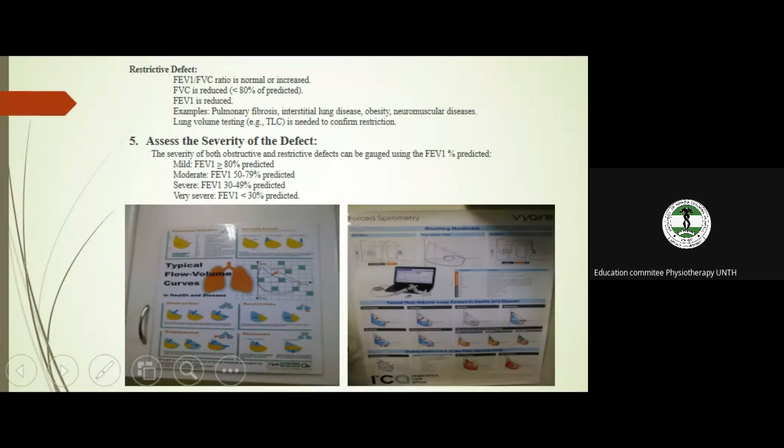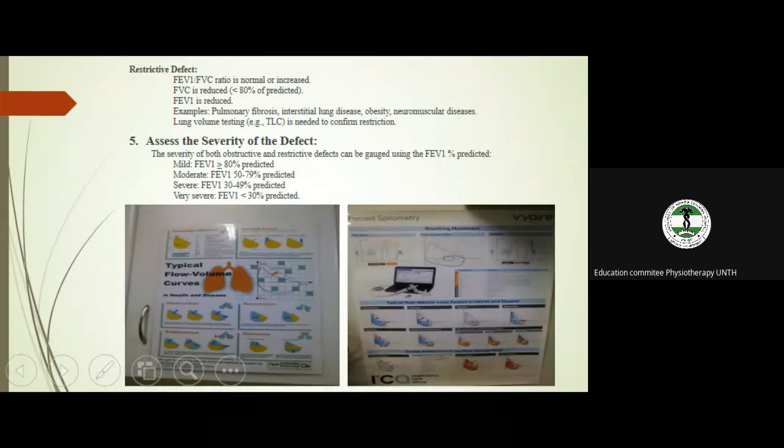You can see our typical flow-volume curve there, which shows the abnormal and normal in the breathing. The obstructive and restrictive, the stenosis, when the lung is scarred, you can see the curve, the typical flow-volume curve.